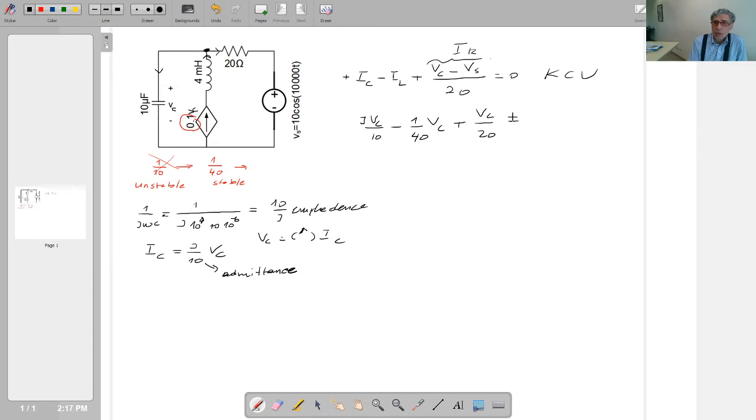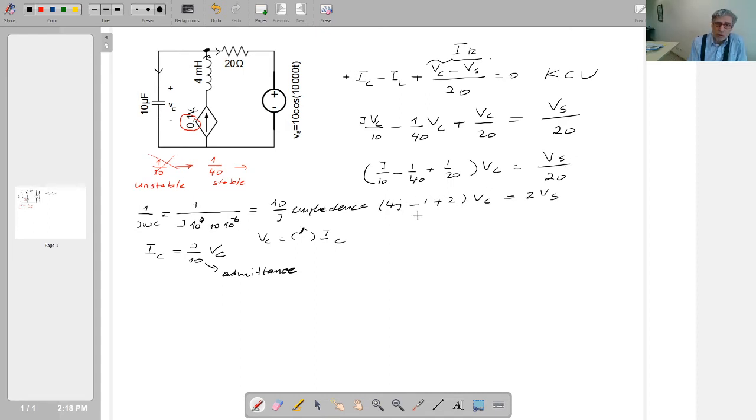On the right hand side it's going to be VS over 20. So if we put VC in parentheses, it's going to be j over 10 minus 1 over 40 plus 1 over 20 in parentheses, VC is equal to VS over 20. So if we multiply both sides by 40, it's going to be (4j minus 1 plus 2) VC is equal to VS. Multiplied both sides by 40.